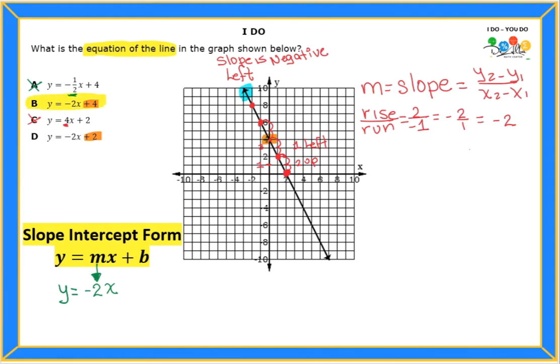Agree on that? Okay. We can actually work out the problem to see if the y-intercept is exactly 4. Remember, I can see that it cannot be 2 as the y-intercept because 2 is here on the bottom. But just for fun, we can actually find the y-intercept by choosing one point.